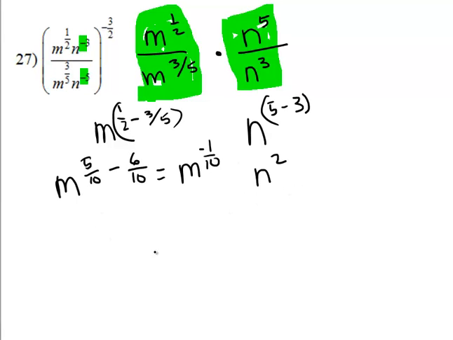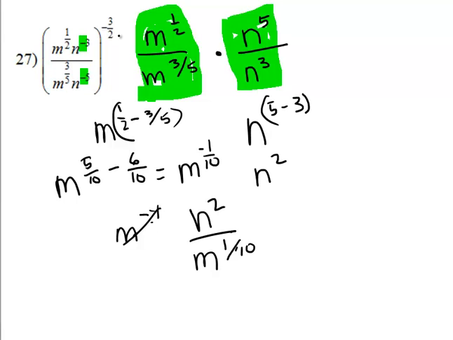So I'm going to put everything back together now. Oops, I have it backwards. Let's just deal with that correctly. That goes in the denominator. So I have n to the second over m to the 1/10.